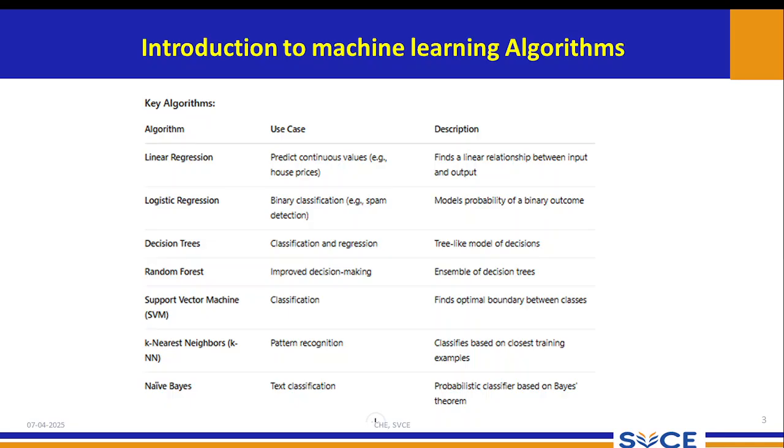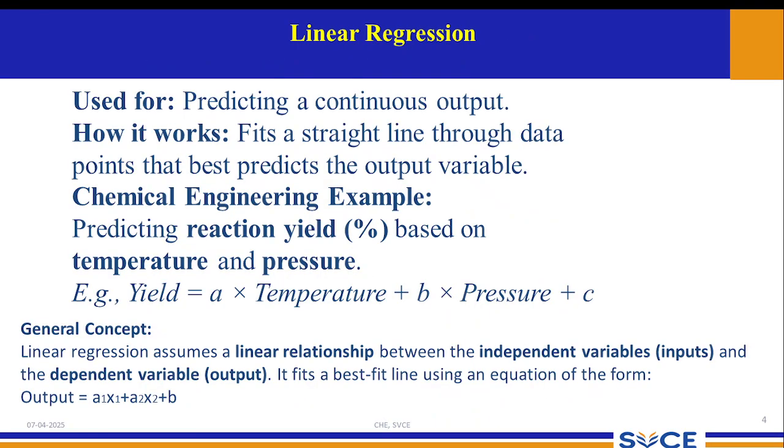Logistic regression is binary classification, for example yes or no. The decision tree is like a flow chart and contains classification as well as regression. So we will see these three different algorithms with suitable chemical engineering examples.